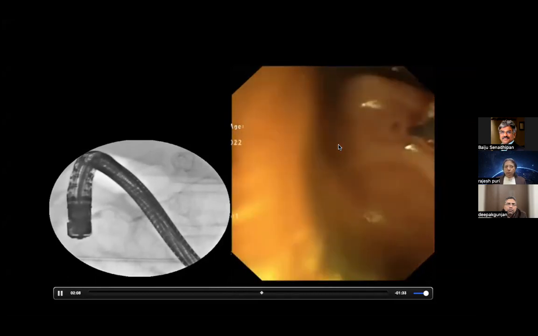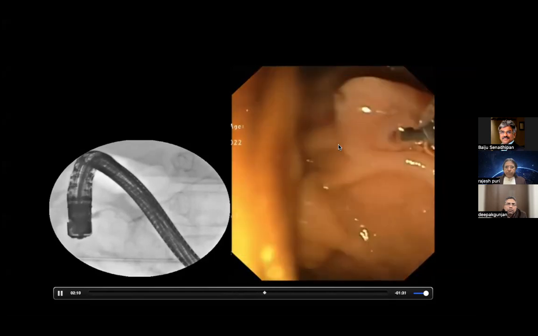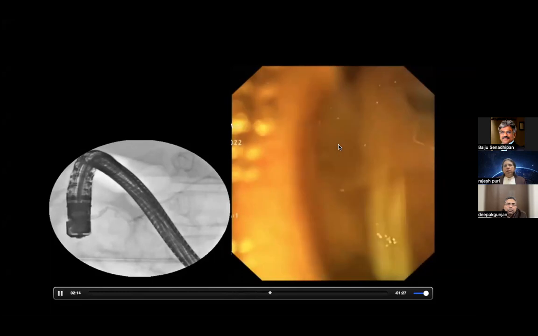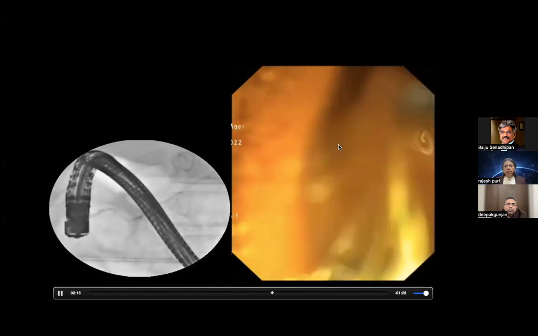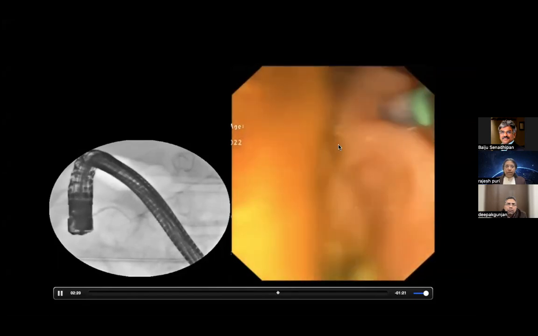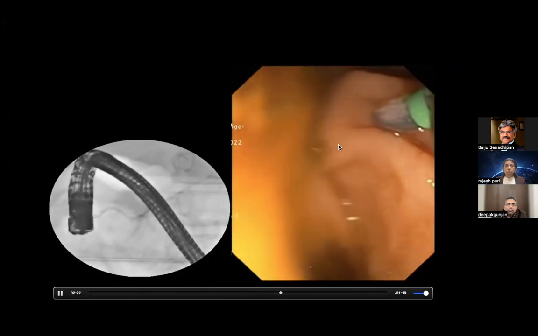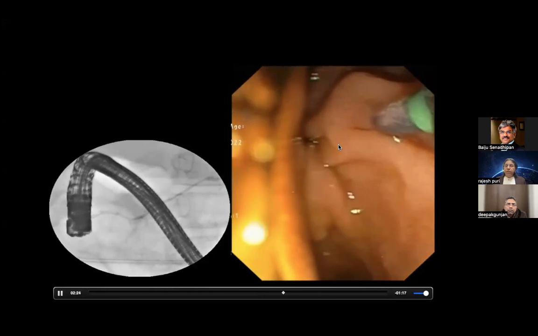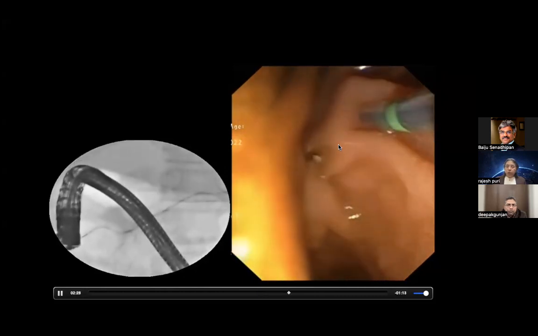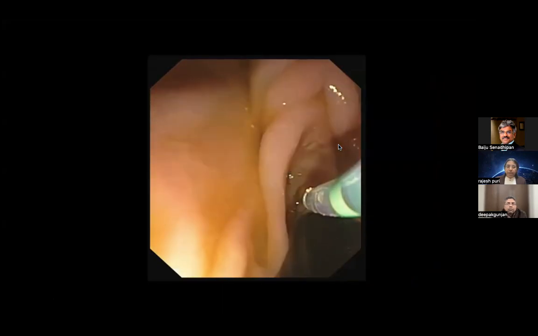So this is important. A good coordination between the endoscopist as well as your technician is required. A good fluoroscopy is also required, and the patient should always be sedated well. So it is possible for you to cannulate the minor papilla.